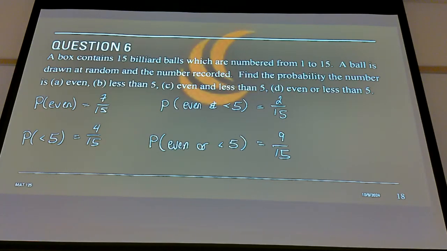But now how many are both? That'd be the 2. So you could also do 7/15 plus 4/15 minus 2/15. But we will actually cover that. That is a rule.